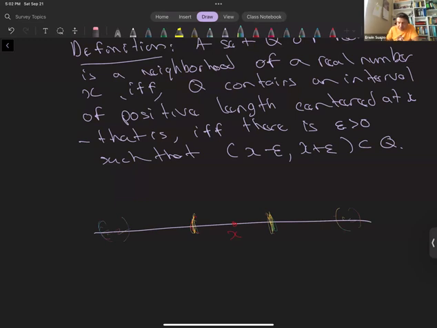All of this is Q. But around X you can put an epsilon, an interval that is inside of Q. Even though it's not inside here or here, this part of Q contains it. So that's a neighborhood.